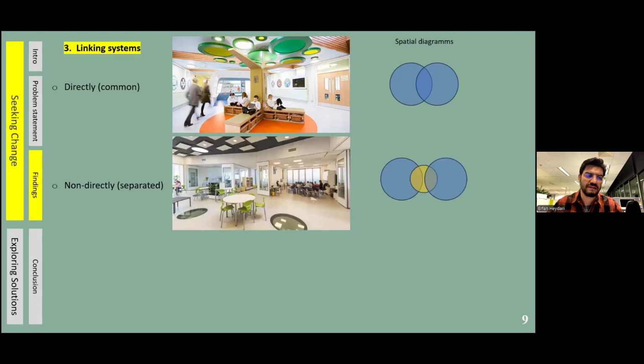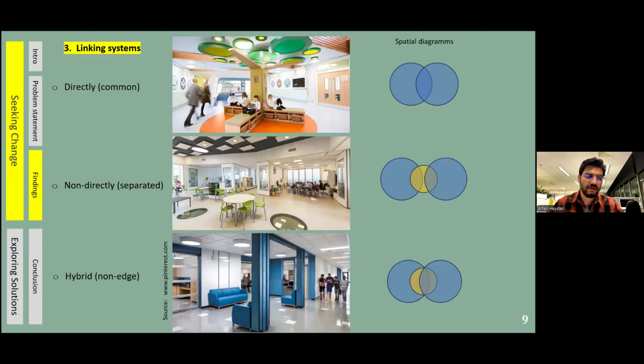The non-direct linking system relies on a third element to bridge the gap between space and access system. The hybrid linking system resembles a pair option, but with a unique twist. In this case, the third element is not a ring, but rather a belt that tightly integrates the 2 systems together.